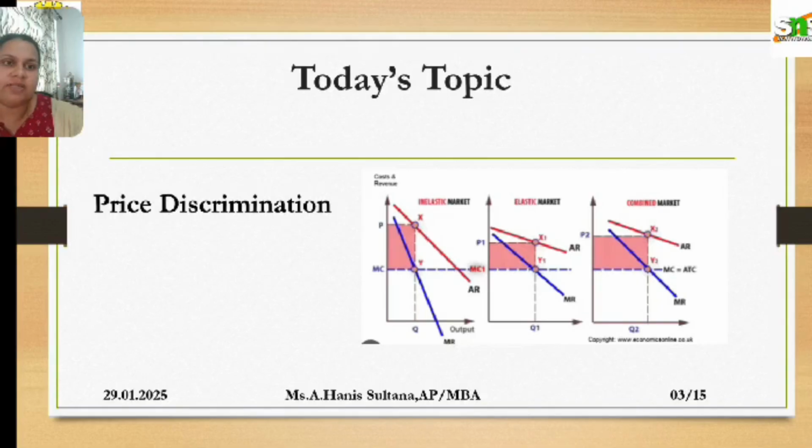One is when the market is elastic, which means the supply and demand don't change much with the price of the product sold, and an inelastic market, when the demand is higher and the supply is inefficient. And the combined market, which means both inelastic and elastic markets.